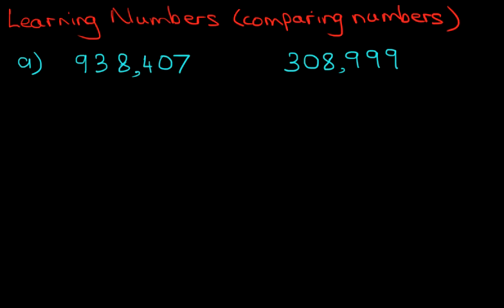On the left hand side we have 938,407. On the right hand side we've got 308,999. So what symbol do you think goes in the middle between these two?